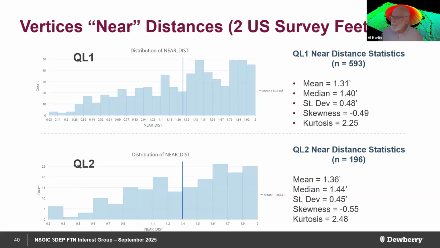You look at the kurtosis, you look at the skewness. These are pretty comparable distributions. So in terms of horizontal, I think we're pretty good. We're pretty close using QL1 and QL2 data to derive these lines that were checked against what I'm going to call ground truth lines.